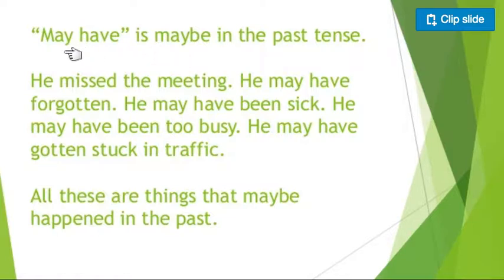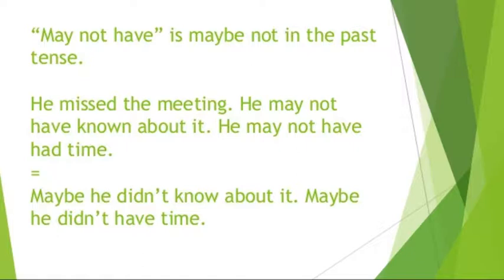May have, may here is a modal. So for things that maybe happened in the past, we say may have. We can also say maybe with the past tense. That can be accepted, but we can also use may have, and may have is a modal in the past. The same goes for may not have.